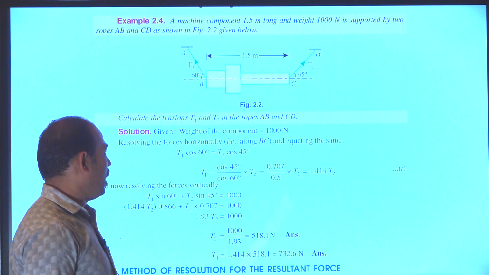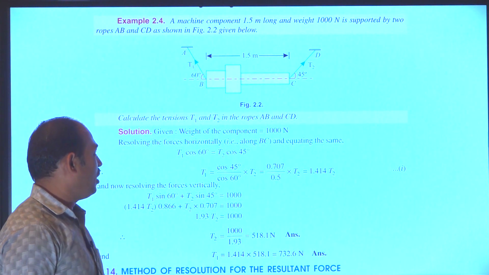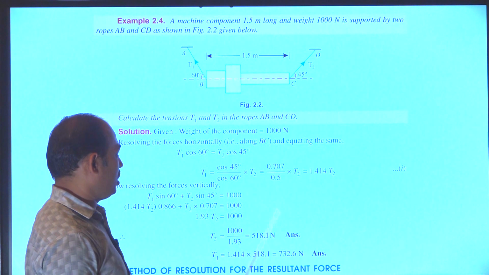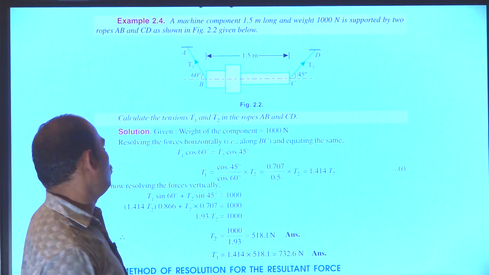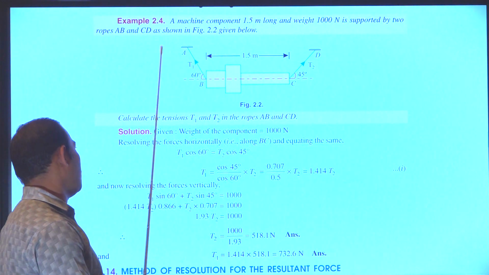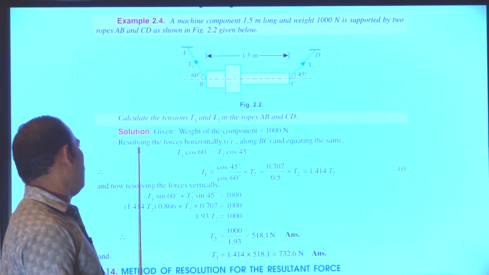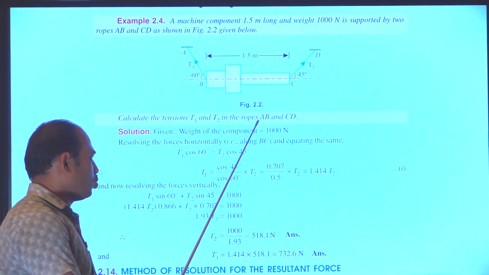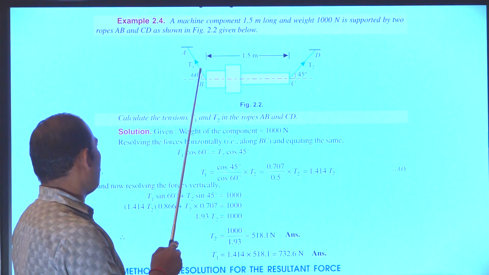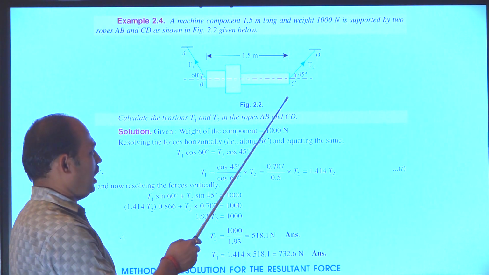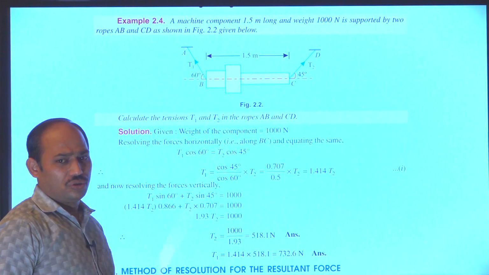A machine component 1.5 meter long and weighing 1000 Newton is supported by two ropes AB and CD as shown in figure 2.2. Calculate the tensions T1 and T2 in the ropes AB and CD. So there are two ropes, AB first and CD second.